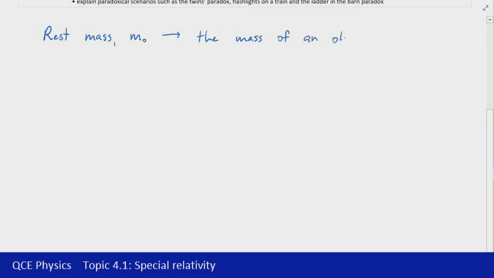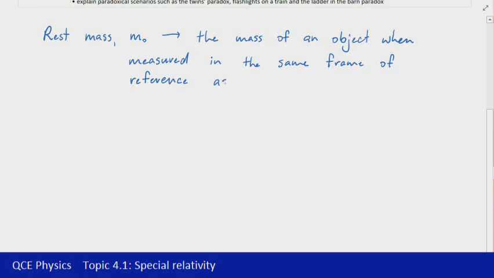It's the mass of an object when measured in the same frame of reference as the observer. So as with those other two quantities, it really just means that there is no relative motion between the object and the observer. So it's in the frame of reference of the observer.